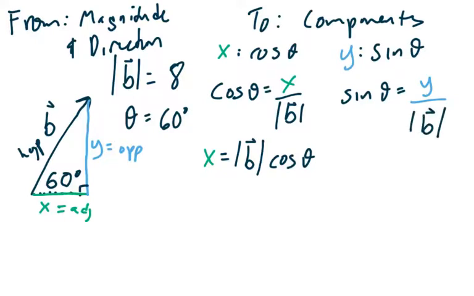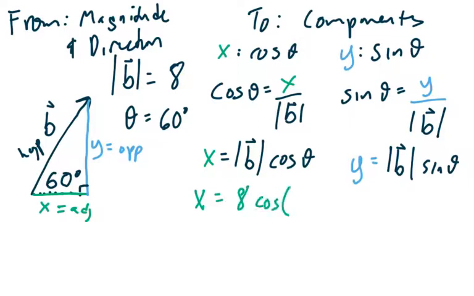Again, solving for y, y is the magnitude of b times sine theta. So plugging in the values here, the x component is going to be 8 times the cosine of 60 degrees, and my y component is going to be 8 times the sine of 60 degrees.